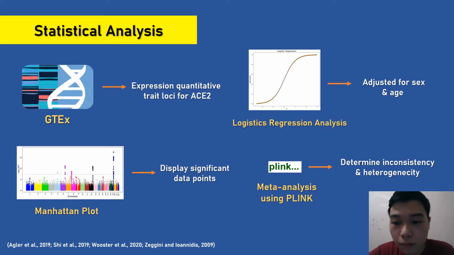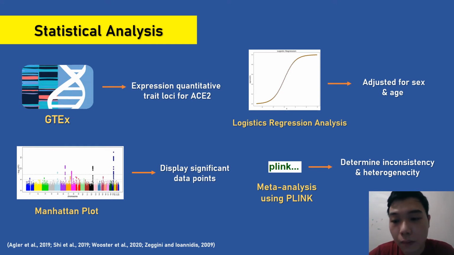Then a Manhattan plot will be generated to display significant and non-significant data points. Logistic regression analysis will be adjusted for sex and age because ACE2 is located on the X chromosome but has been shown to escape X inactivation.